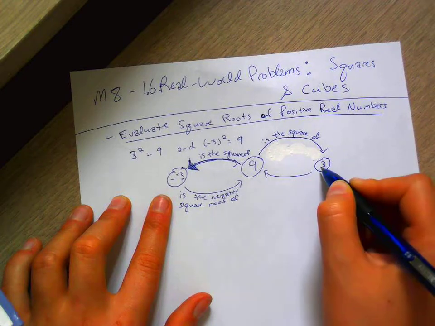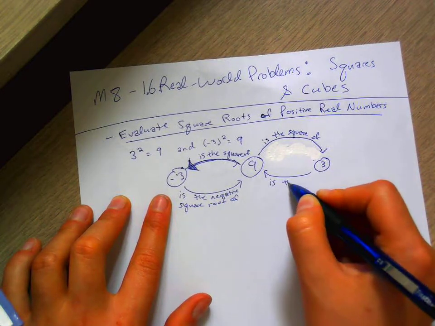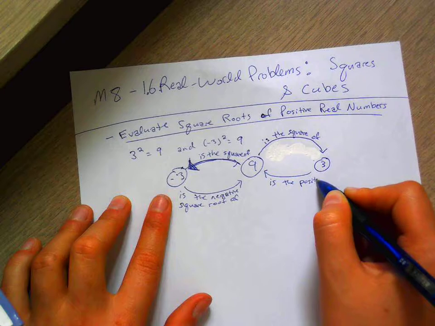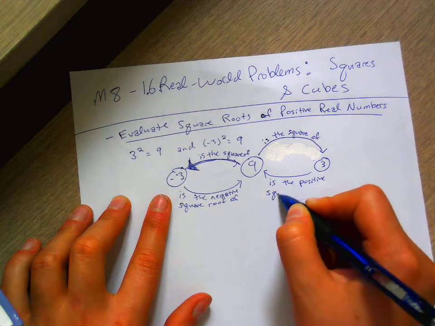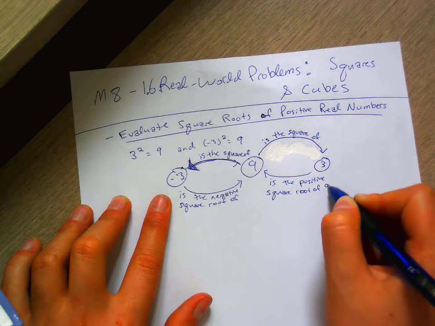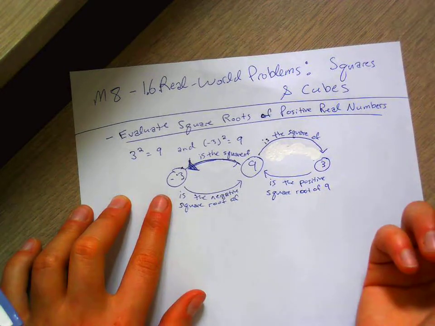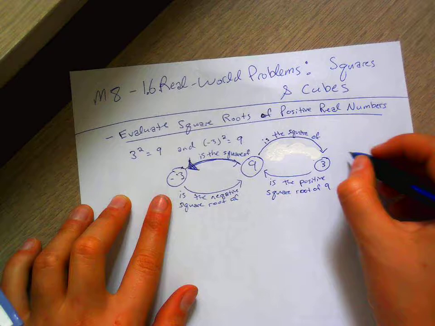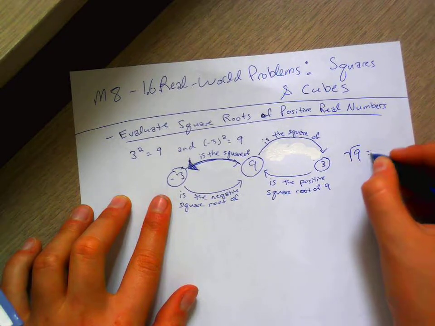And 3 here is the positive square root of 9. So how do we know what the square root of 9 is?